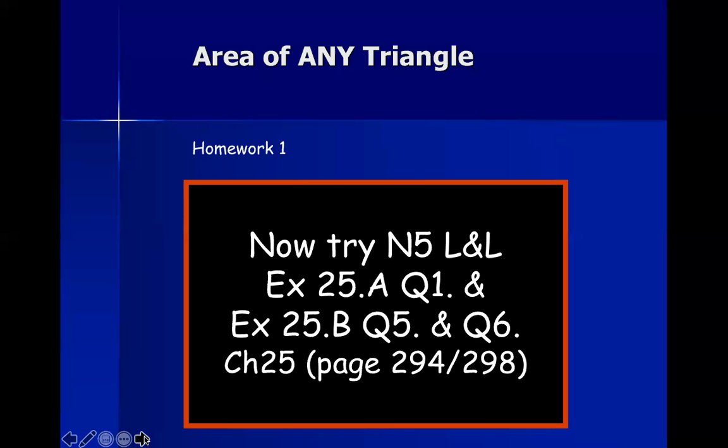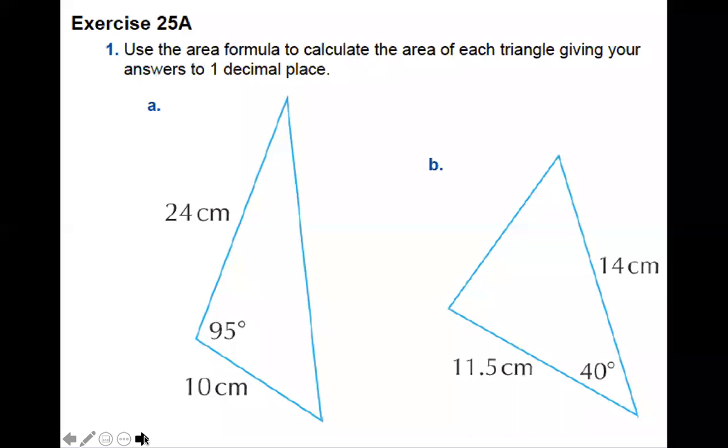So let's have a look at one exercise. It's very much what we've been doing. This is just half of 10 times 24 times sine 95, right? Once you get used to them, it's fine, but if you wanted to be pedantic at the start, you would say this is C, this is A, and this is B. You look at your formula sheet.